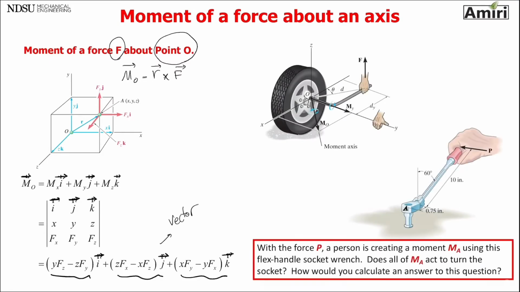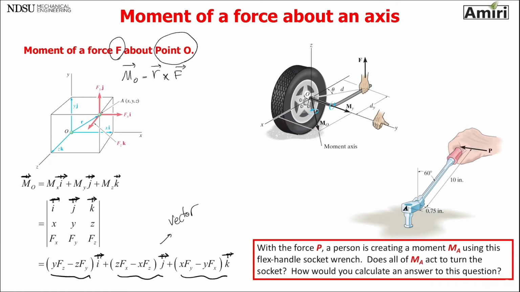Now, in some applications, I have two examples here, but there are thousands and thousands of examples, we want to find component of moment or the magnitude of moment in a specific axis. So if I'm trying to change a spare tire or flat tire, and I'm applying that force, of course, it's going to create a moment about point O or about XYZ axis, but I want to see how much of it is actually used to loosen the knot.